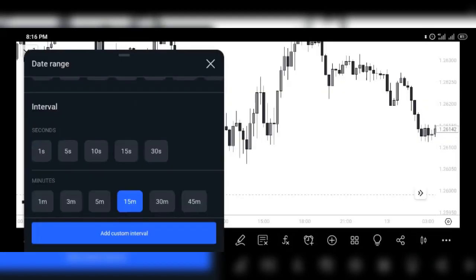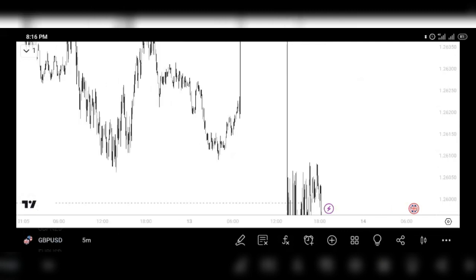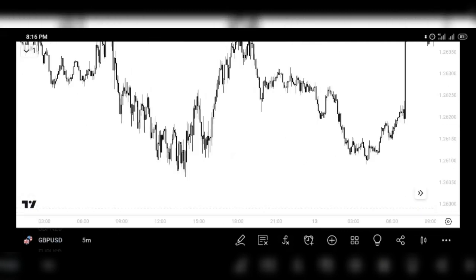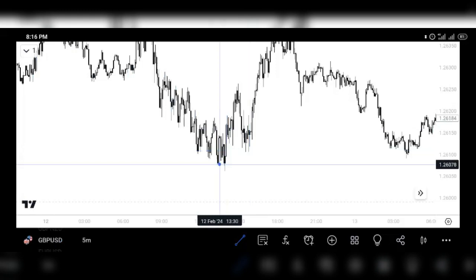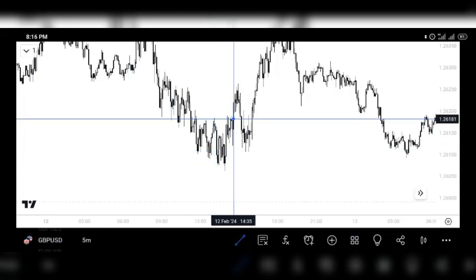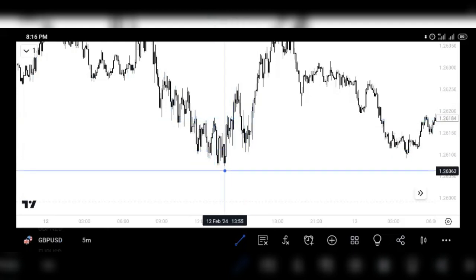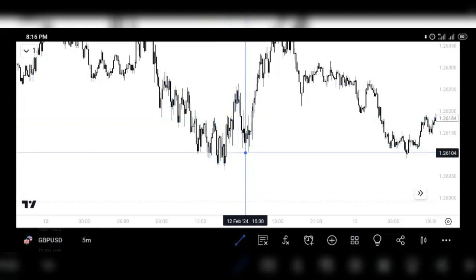I was on my 5-minute time frame earlier today. This is a sweep of liquidity at this point. This is a break of structure at this point, and we have our point A, point B, and this is my point C.